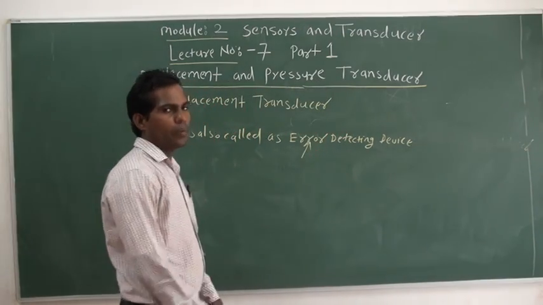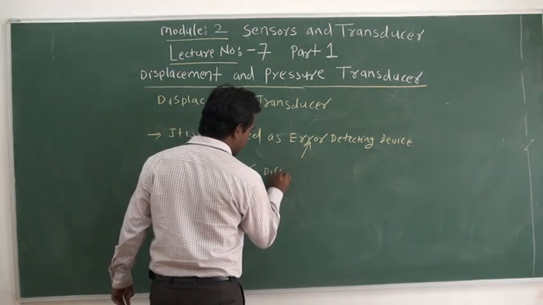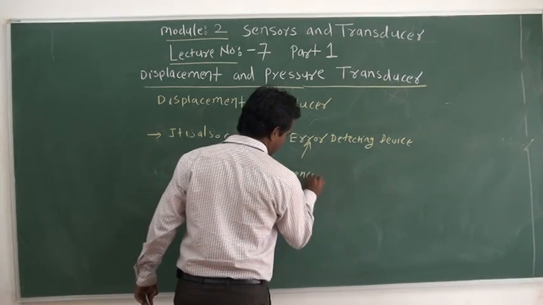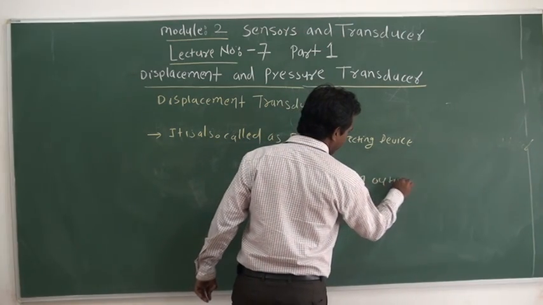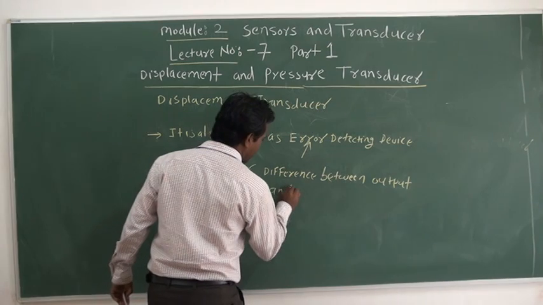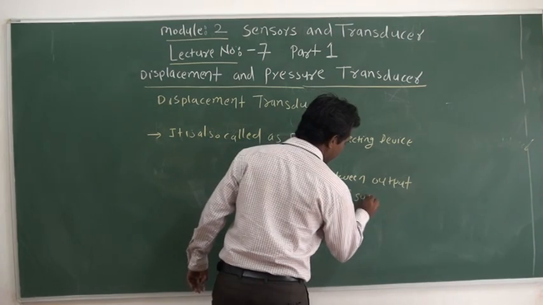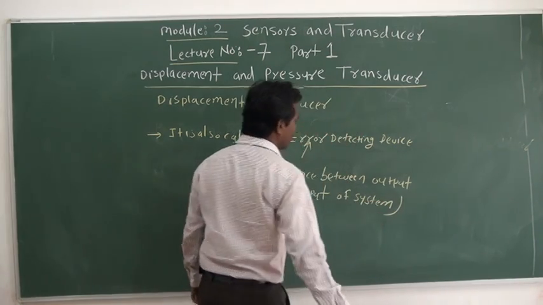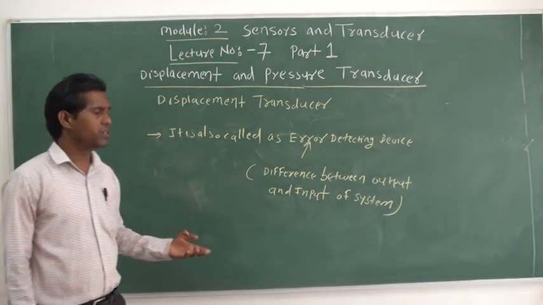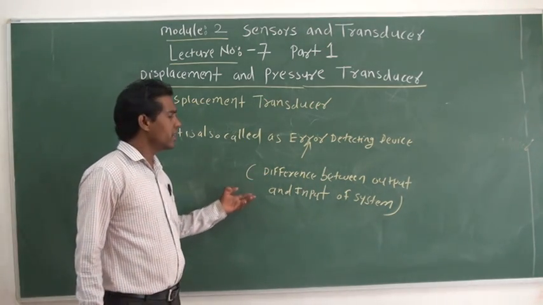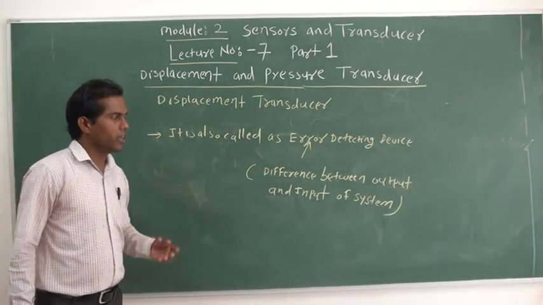Here the error will be detected between the difference between output and input of a system. That is nothing but what will be used as an error detecting device. This error is the difference between your output and input of the system. That is called an error detecting system.